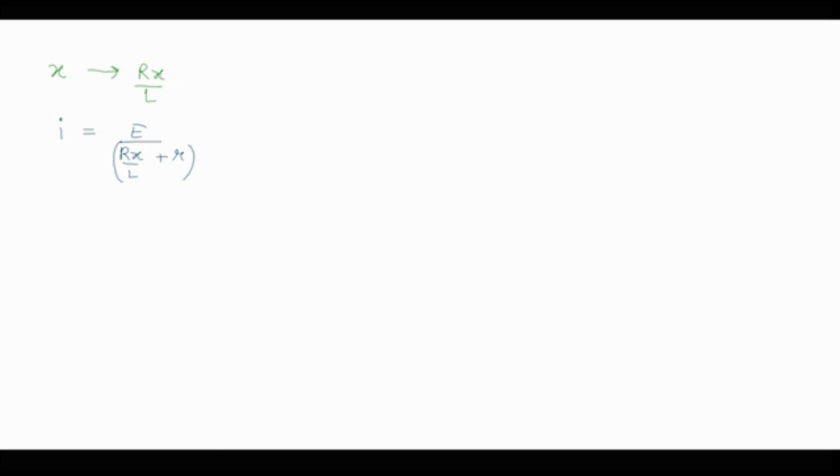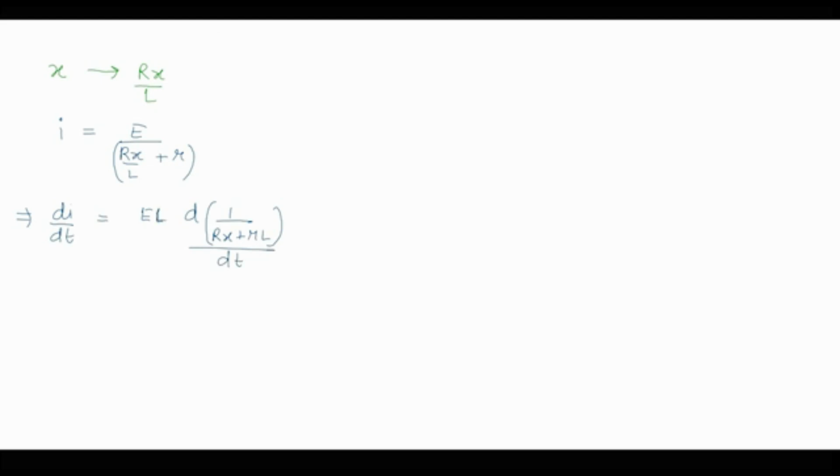From here, if we calculate di by dt, we can take E L as constant, and differentiate this part, Rx plus rL, with respect to time dt.